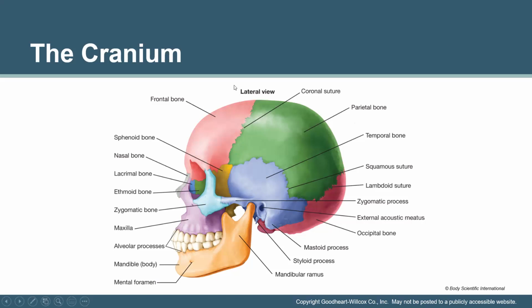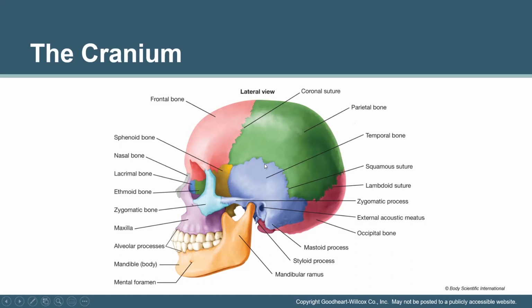The frontal bone. I hope that makes sense. That's making up your forehead. You can see this on this picture, and you'll see it on all of the pictures. Also the parietal bones. Remember, this was a pair. The blue bones here on the side. This is your temporal bone on your temples.